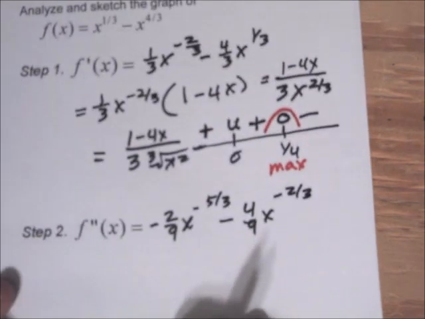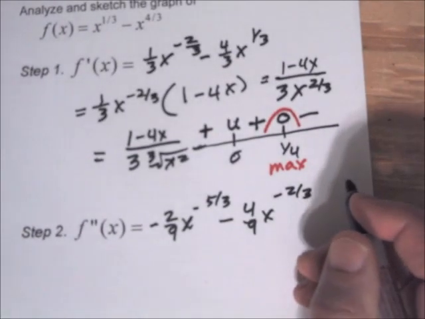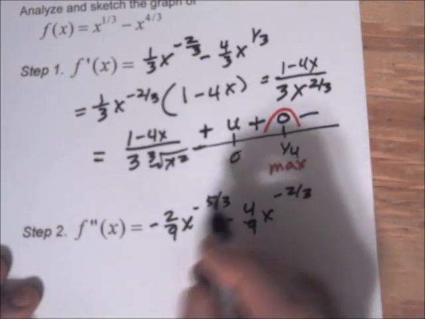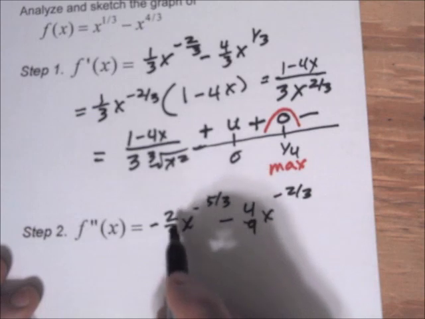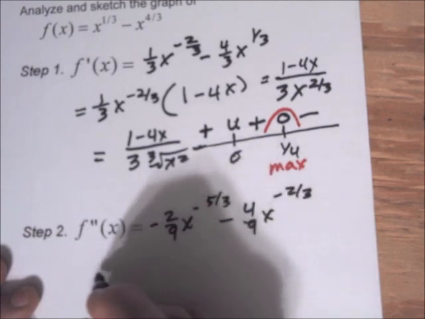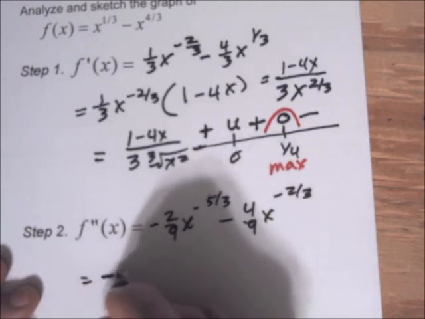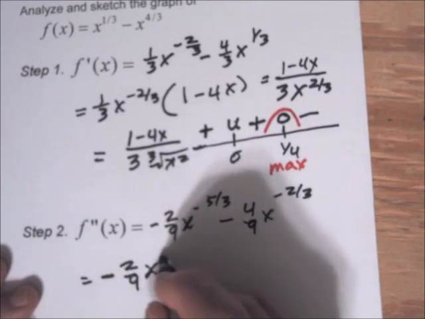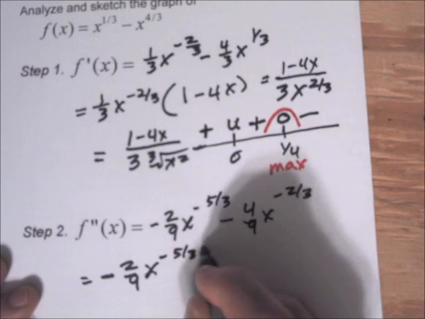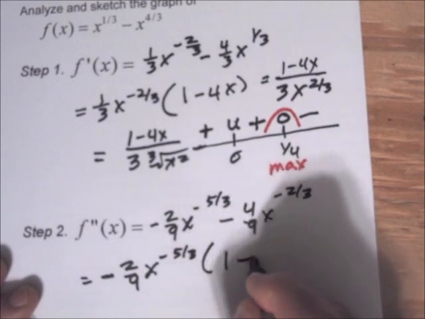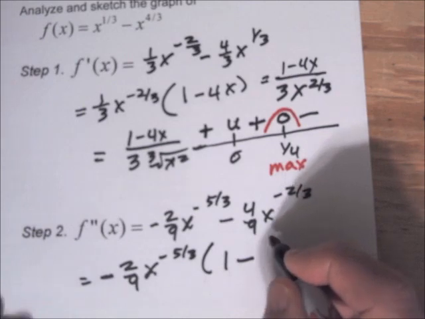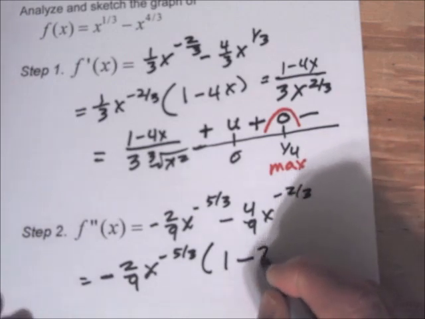So the lowest power of x is going to be the x to the negative 5/3, and we can also have a common factor of negative 2/9. So if we factor that out, that's negative 2/9 x to the negative 5/3, and then we'll have 1 minus 4/9 divided by 2/9, which is 2.